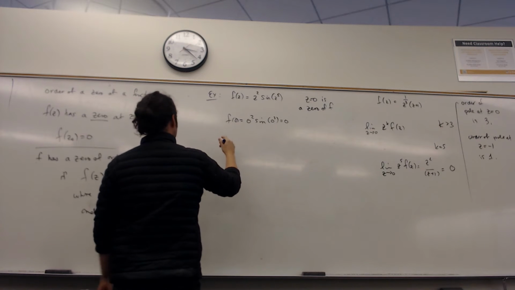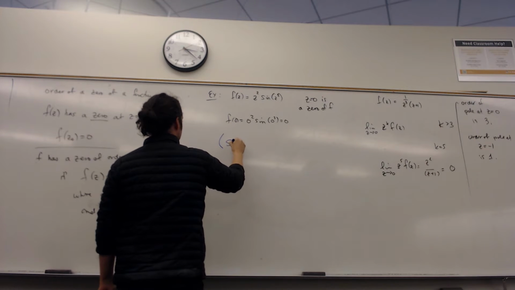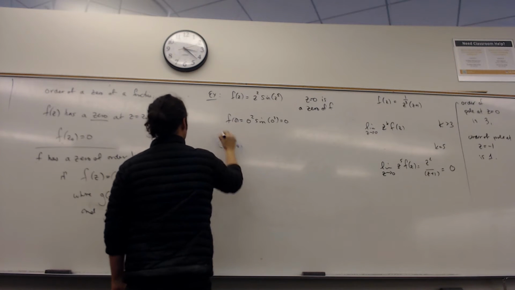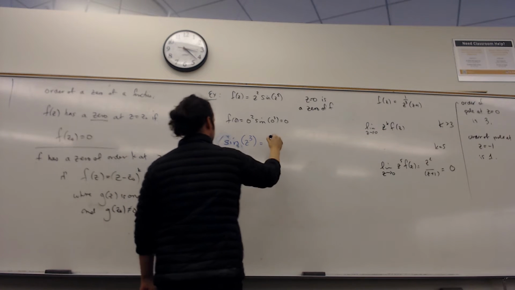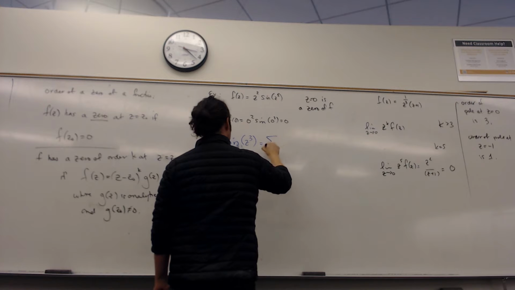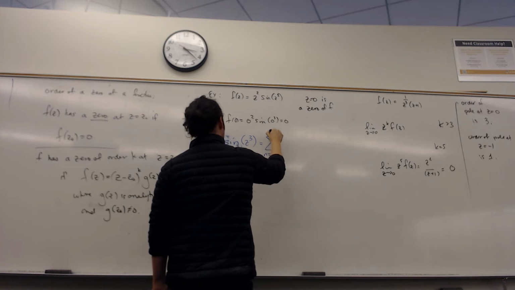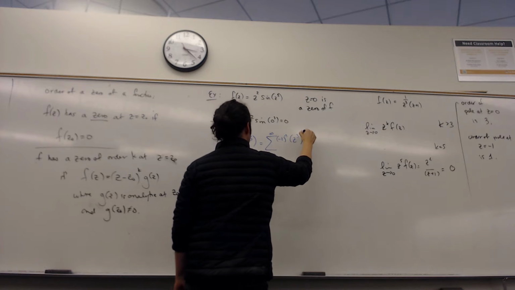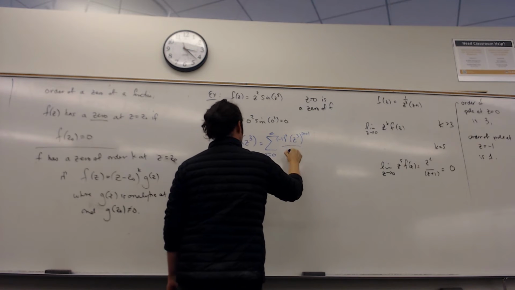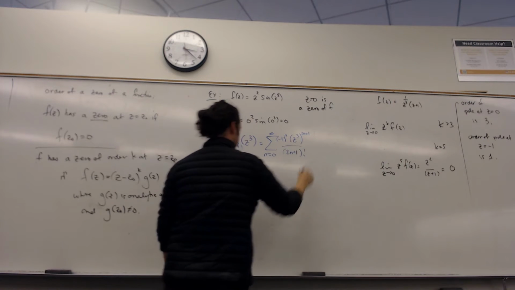Sine of z cubed is going to be equal to the sum from n equals 0 to infinity of minus 1 to the n, z cubed to the 2n plus 1, over 2n plus 1 factorial.